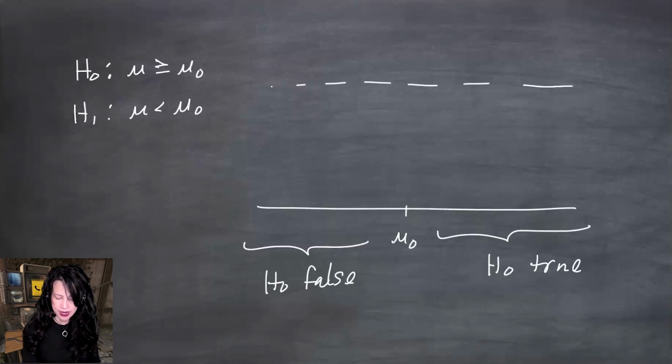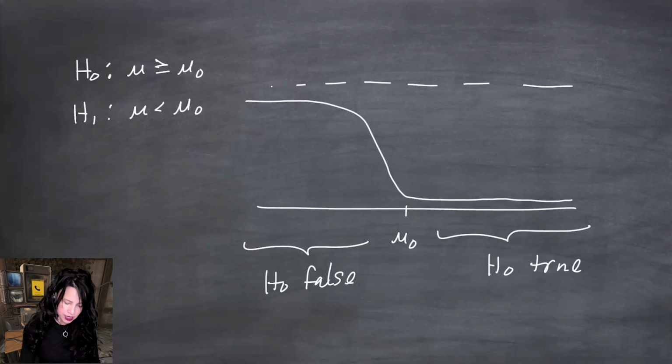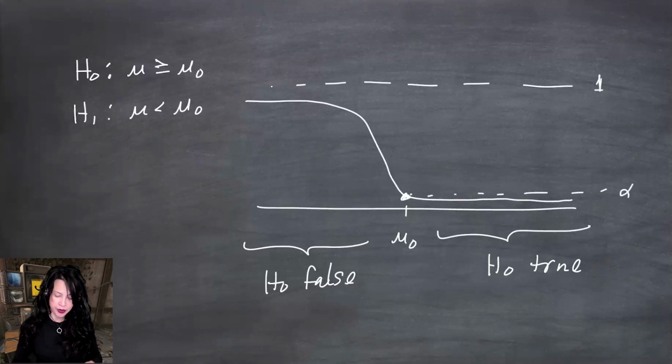And so if you had a good test, you would want something really small here and really large here, and maybe this height would be alpha, this height would be 1, and this height would be alpha, the maximum probability of rejecting over that region where the null hypothesis is true. So you could get something like the U shape before, you can get something decreasing like this, and you could even get a really bizarre shape.